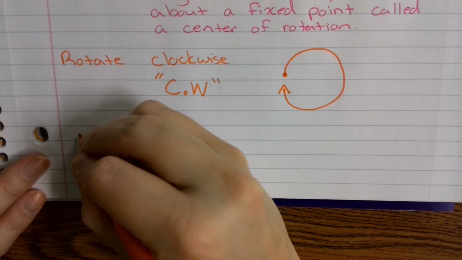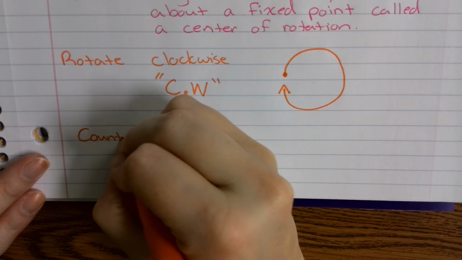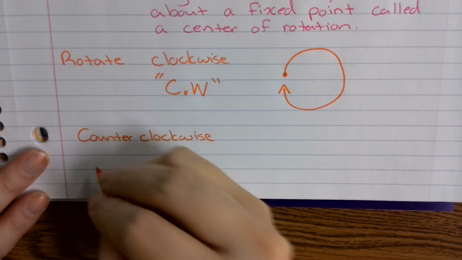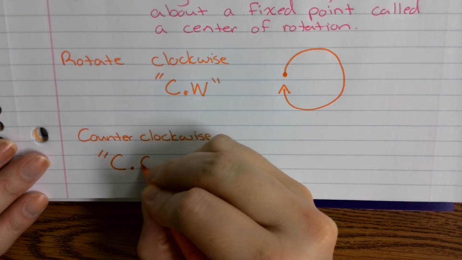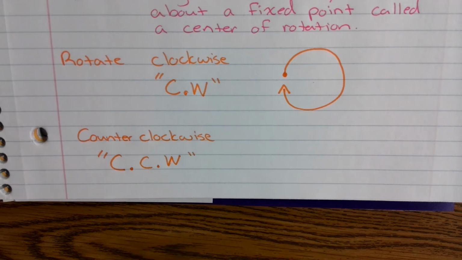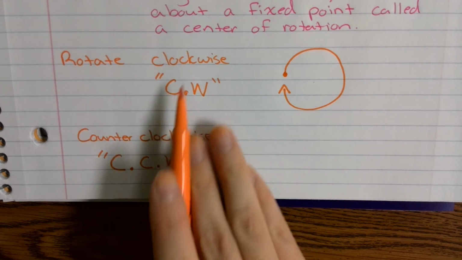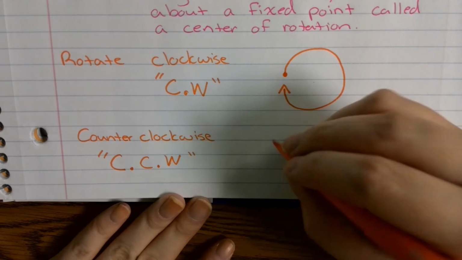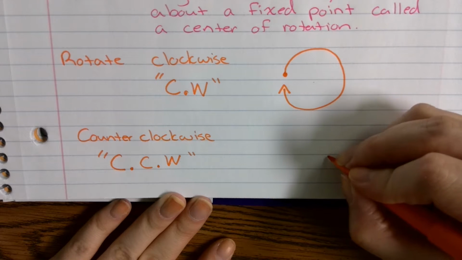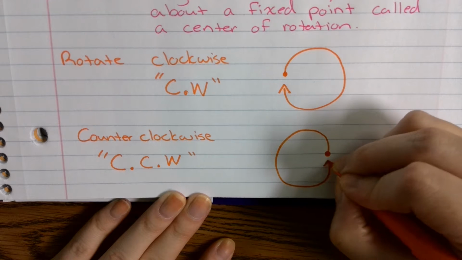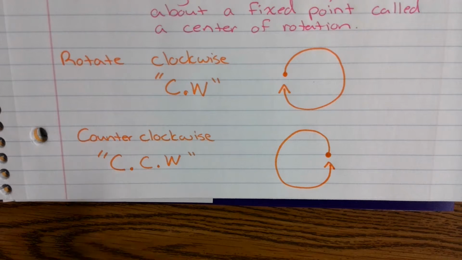When we rotate counterclockwise, and again, since that's a handful to have to write, for now I'm going to write it as CCW in the notes. If you see me say CCW, that's counterclockwise. CW is just clockwise. Counterclockwise goes in the absolute opposite direction. So one of those is clockwise, one of them is counterclockwise. You need to make sure you understand what those directions mean.